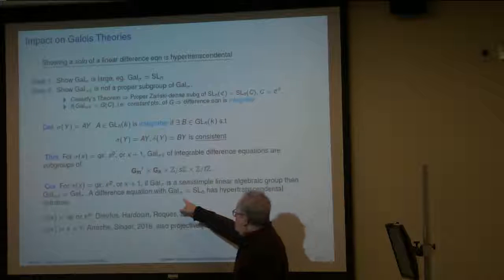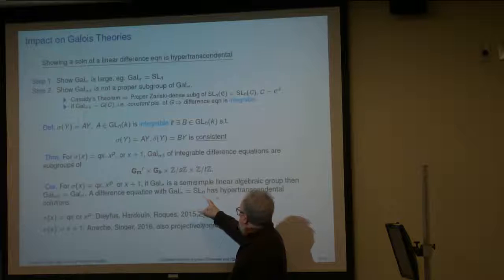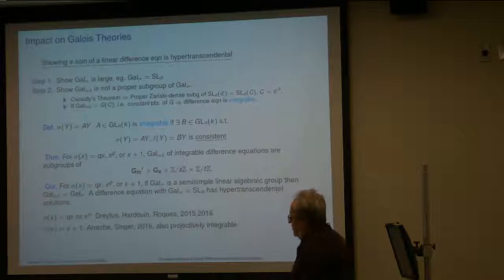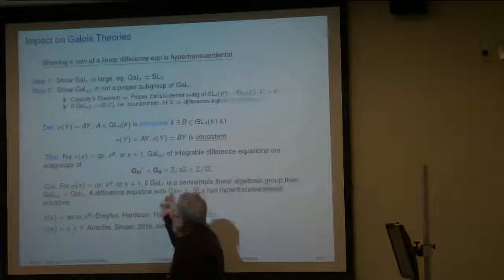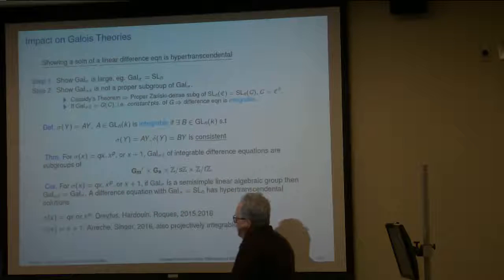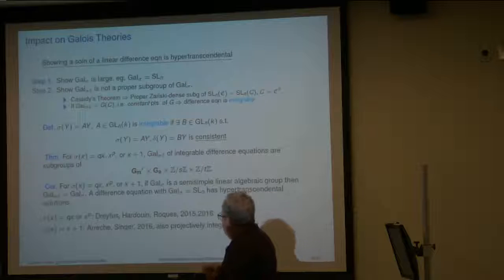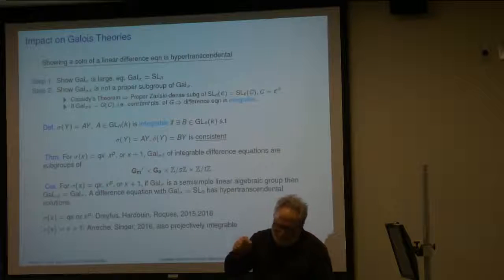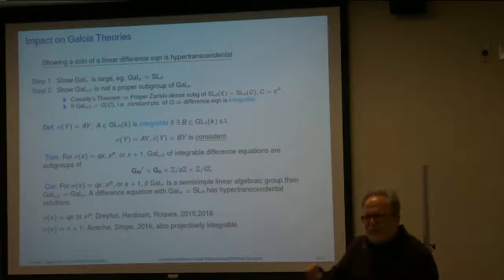And so if a difference equation has this as its Galois group, then the solutions will be hypertranscendental. You can say more. And this kind of result is in these two very nice papers of Julien and Dreyfus and Ardoin, where they use the original results of Ramis and Bézavin to prove this from those results directly.